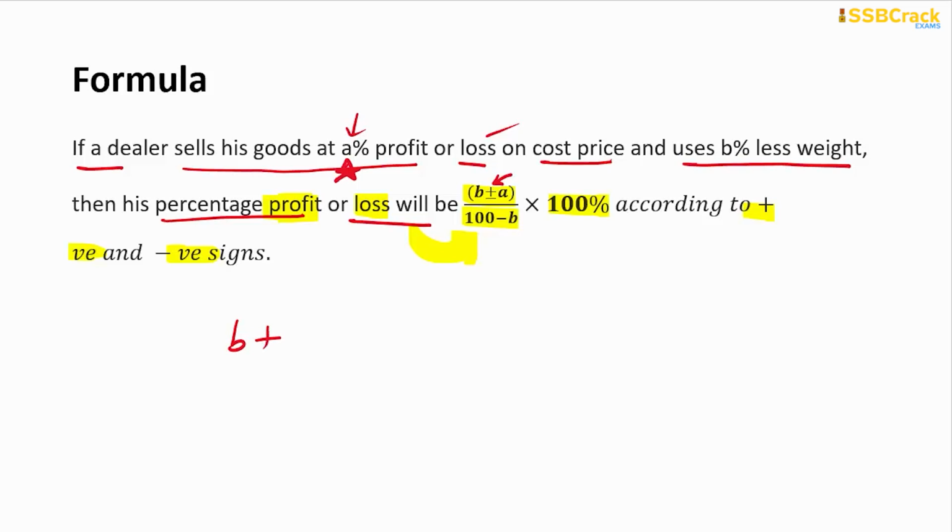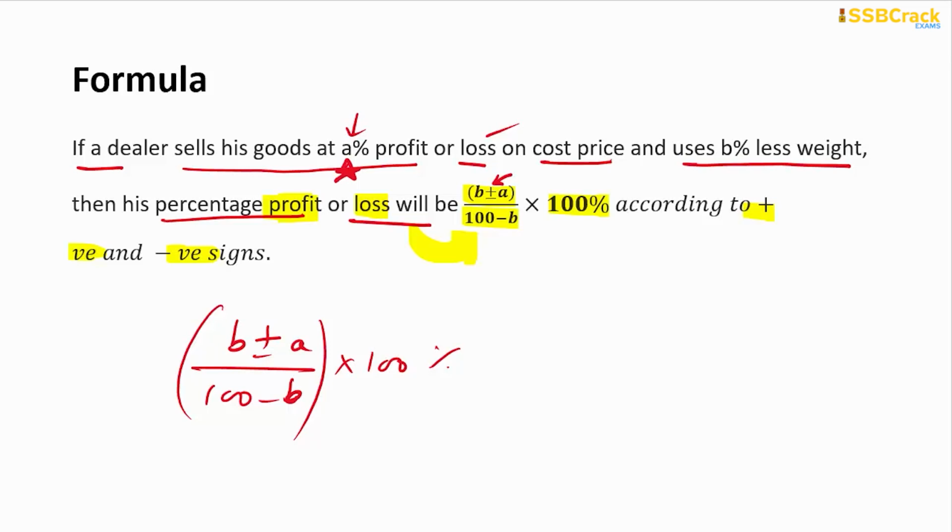It's B plus or minus A upon 100 minus B, into 100%. Getting the point? What are A and B? A is the profit percent or loss percent at which the dealer is selling his goods on the cost price. And B is the percent less weight he is using while selling, right?